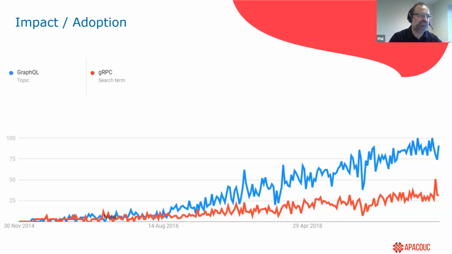So both GraphQL and gRPC are being picked up, but GraphQL is by far the more dominant, possibly because it's easier to get to grips with and has a number of easier routes into use. But they're both picking up steadily, making an impression.